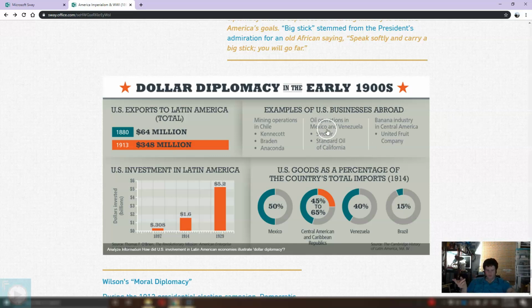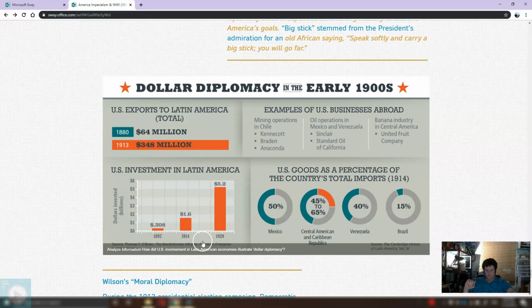We have oil operations in Mexico and Venezuela. There's lots of money being invested into Latin American infrastructure, and some of that is going towards telling Latin American countries, okay, structure your government this way, charge taxes this way, so that our businessmen can profit in your country.